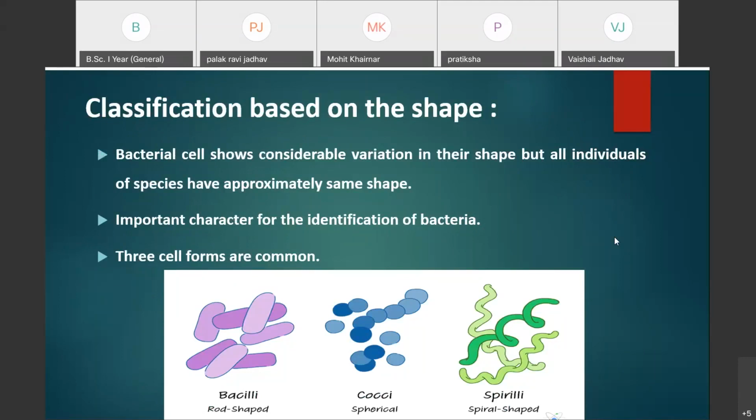Bacterial cells show considerable variation in their shape, but all the individuals of a species have approximately the same shape.